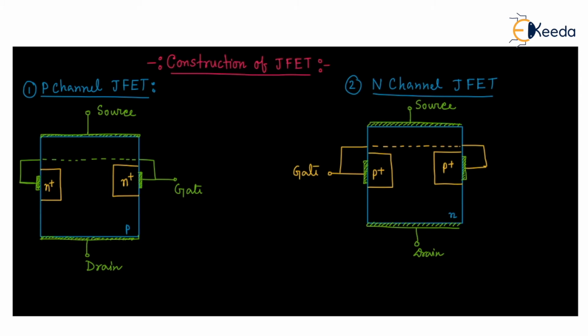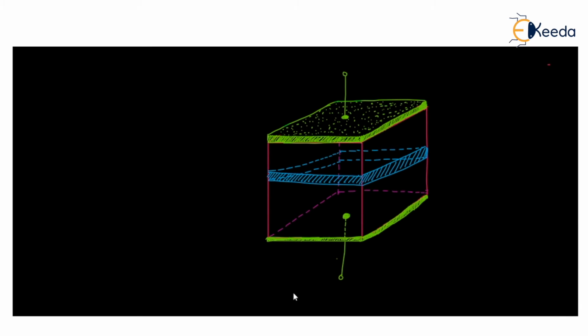Now let us see what the 3D diagram, the actual diagram of a JFET, will be. For that, let us go to the next diagram. Suppose we are making a P-channel JFET. For this P-channel JFET, we have to take a substrate like this.